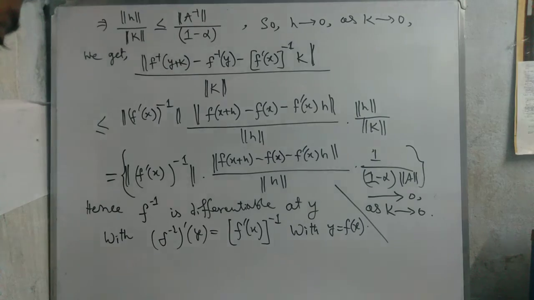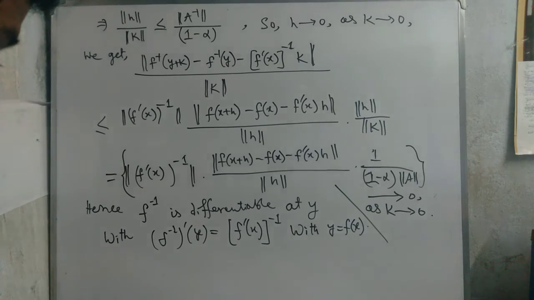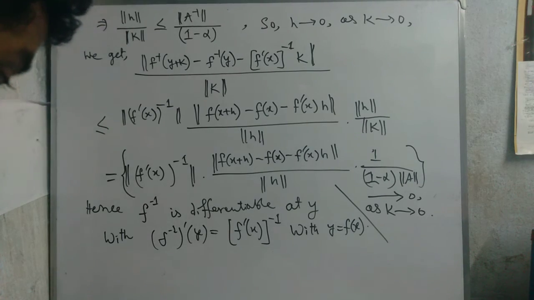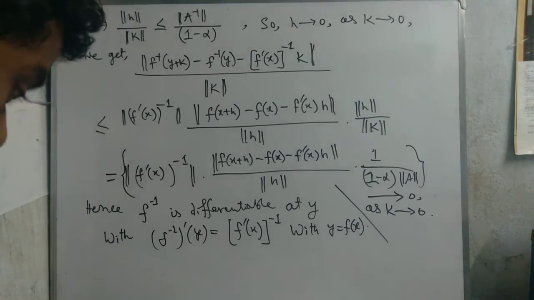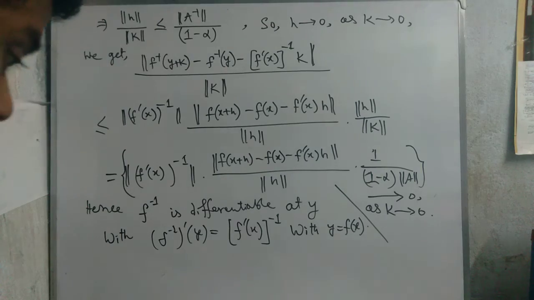Here we take y and y+k from V, and then there exist x and x+h belonging to U such that f(x) = y and f(x+h) = y+k. Then by the Banach lemma, (f'(x))⁻¹ exists. So f⁻¹(y+k) − f⁻¹(y) − bk equals x+h − x − bk, and we also calculate this, where b is equal to (f'(x))⁻¹.